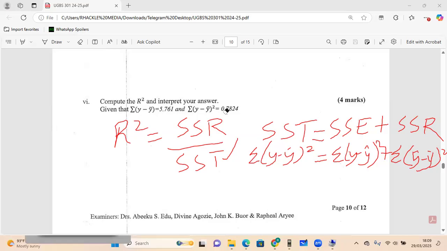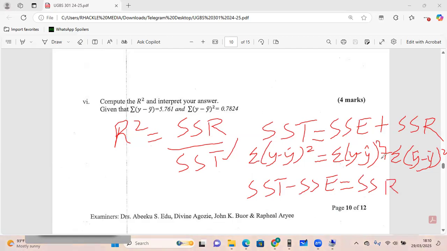And they also gave you this one, the SSE. They didn't give you SSR. So you have to what? Subtract from the SST. Because when you change the subject, if you want to get SSR, it is going to be SST minus SSE, which is going to be SSR, right?